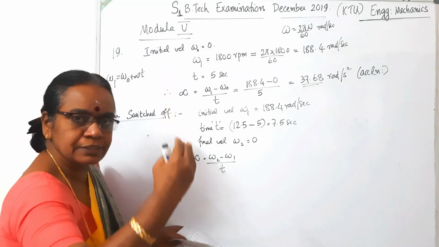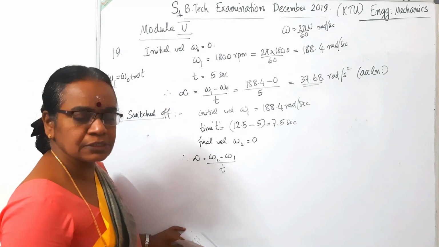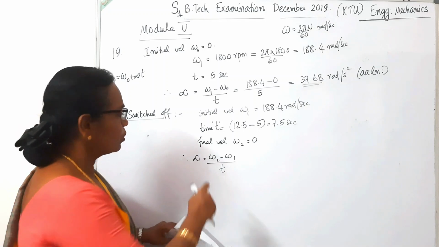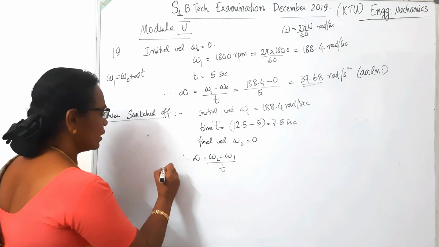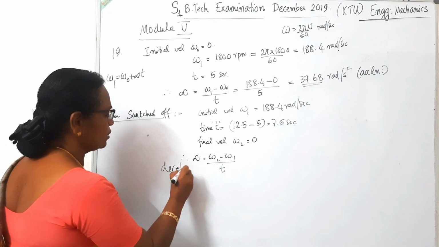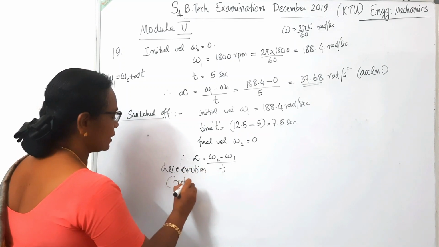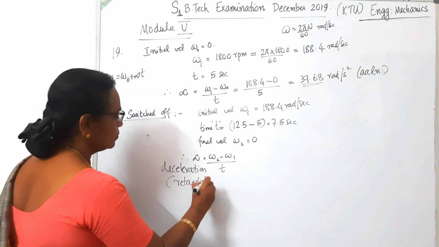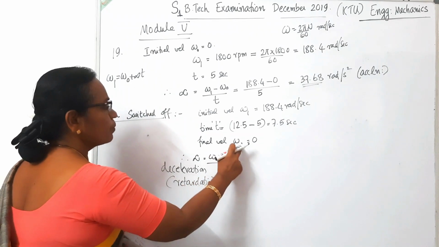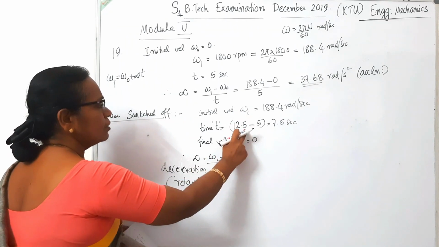So the motor gets deceleration or retardation. So what about the retardation or the deceleration? Deceleration, or we call it retardation, is omega 2 minus omega 1 by t.